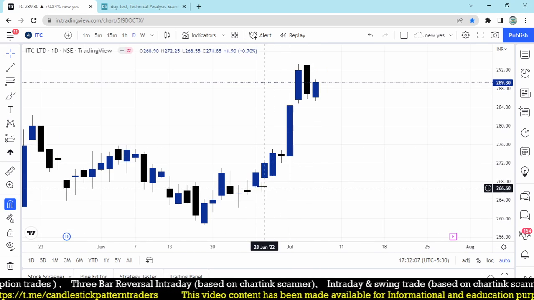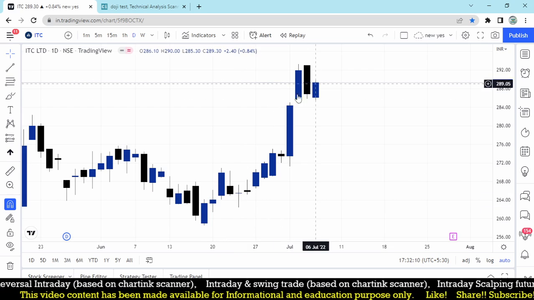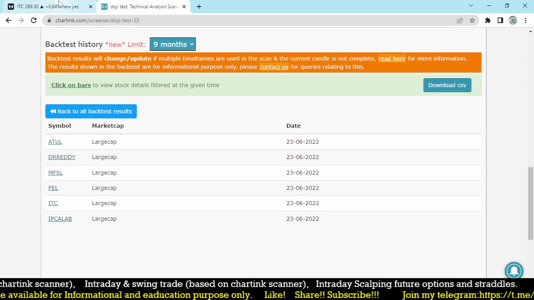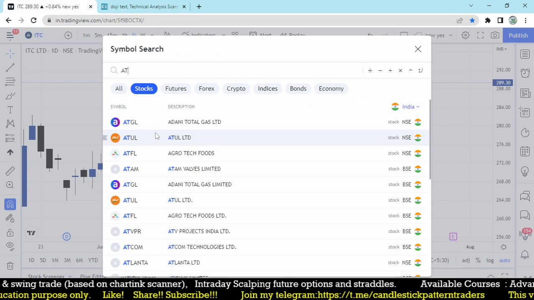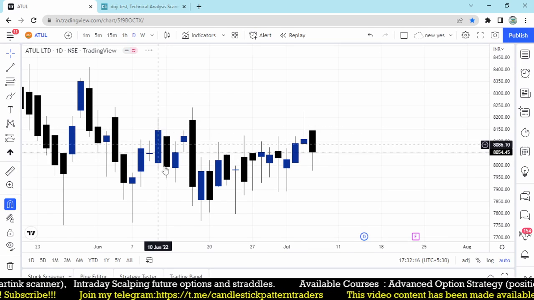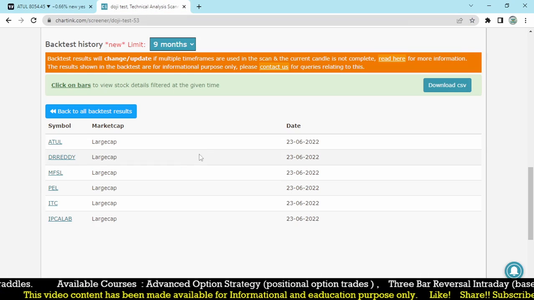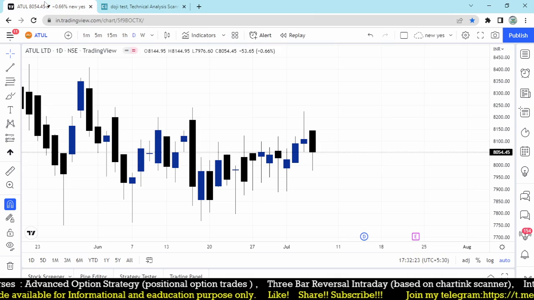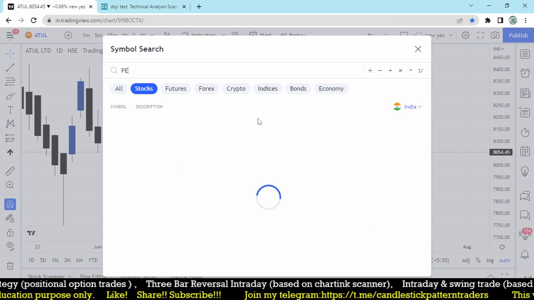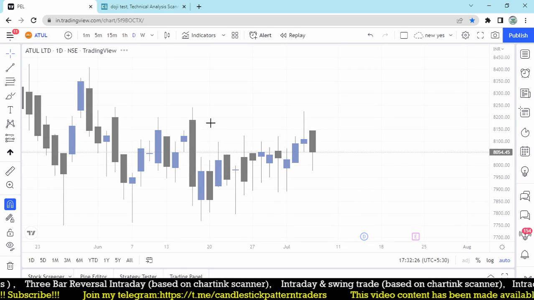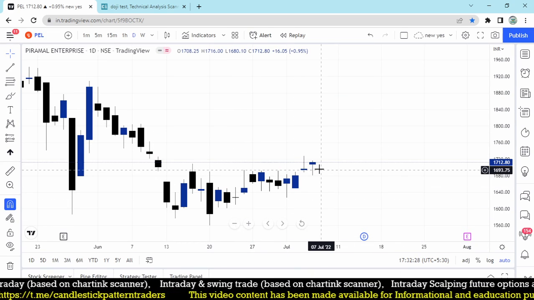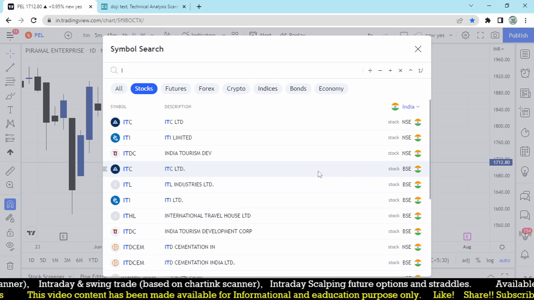If you use that, let's check how it performed. Then Dr. Reddy, Atul Lato, there is a doji, but it doesn't perform well. Then PEL, ITC, PEL, there is a doji. ITC is already covered.